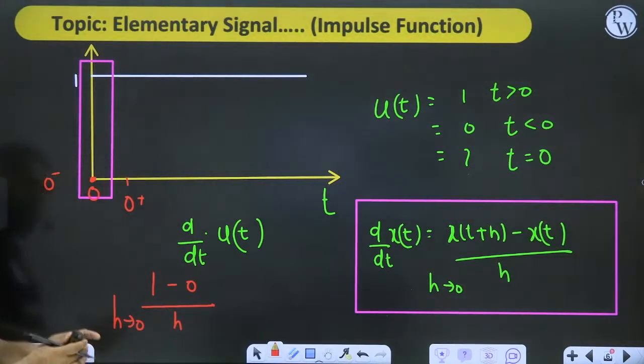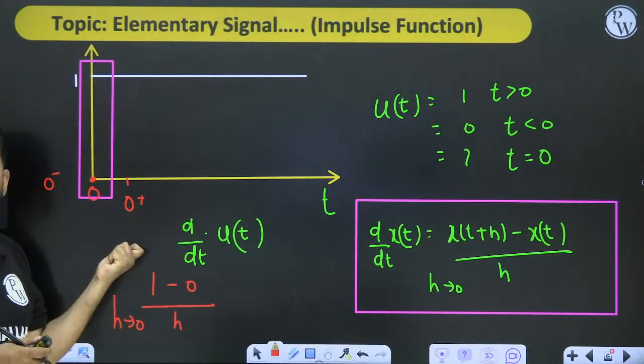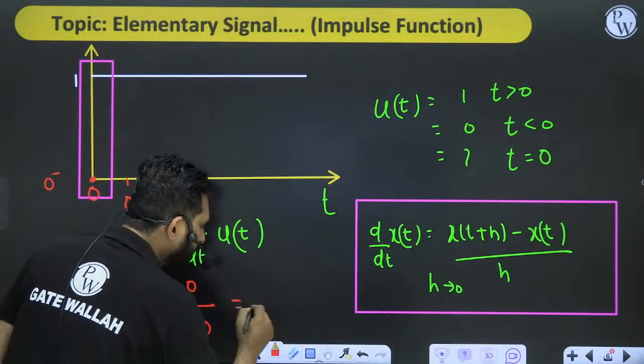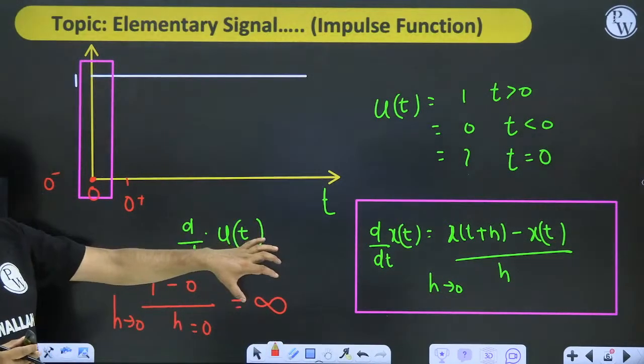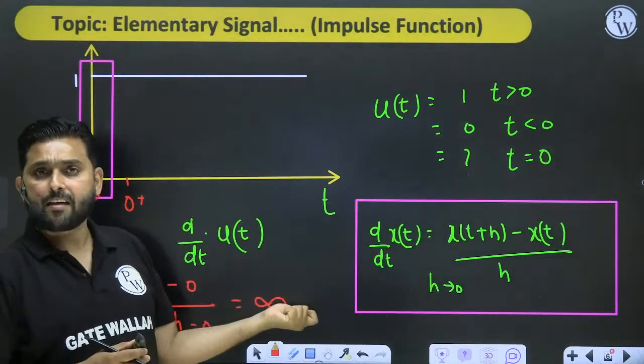When you take the gap between 0 minus and 0 plus, this is ideally 0. So if you put h equal to 0, this comes out to be infinity. So the derivative of this function at t equal to 0 is ideally infinity.